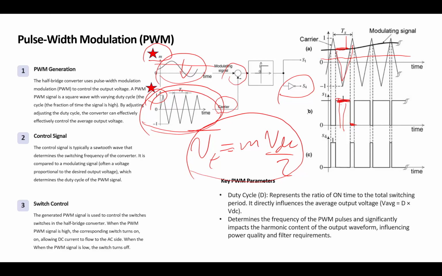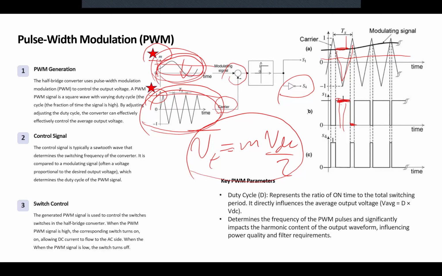Now, when you look at this, we said that the carrier always has an amplitude of 1. This is our reference signal. This is one of the parameters. Do you see any other parameters in the PWM that could affect the PWM? When you look at these signals, one parameter was this reference one.